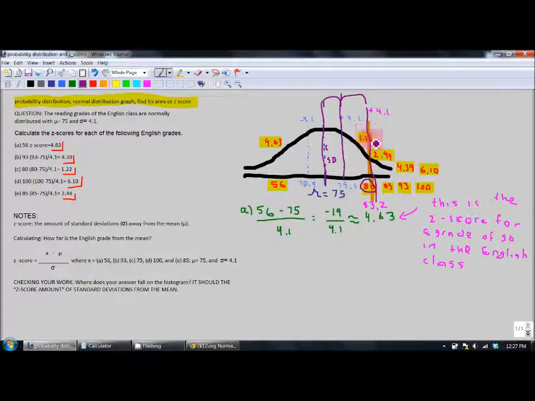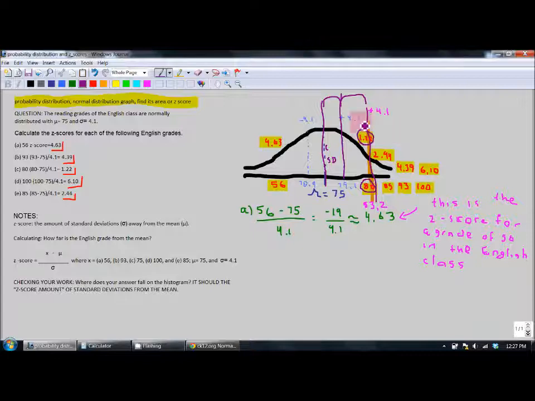you're going to line them up with the grade, I'll call it a grade instead. You're going to line it up with the grade, and then pretty much you can test your answers by looking at how many standard deviations above the mean you came out with.